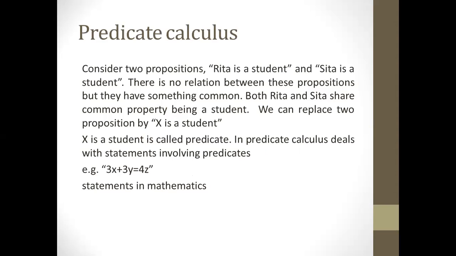Now, first of all, let's see what we mean by predicate calculus. Consider two propositions: Rita is a student and Sita is a student. There is no relation between these propositions, but they have something in common. See here, we have Rita is a student and Sita is a student.